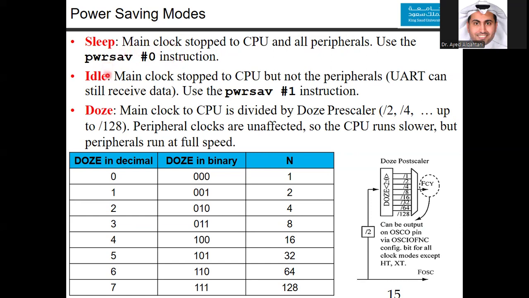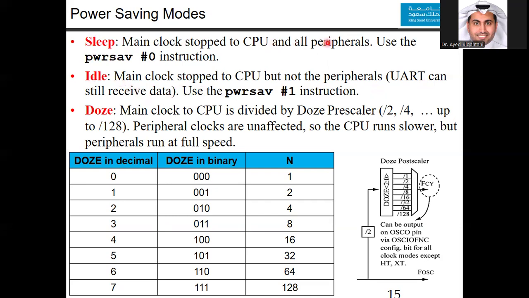Now in the idle mode, and that's the difference between the sleep and idle, you have the main clock stopped to the CPU, but not the peripherals. The peripherals, all of them are working. When we say peripherals, we mean any other modules, like the UART could still receive data while you are in the idle mode.